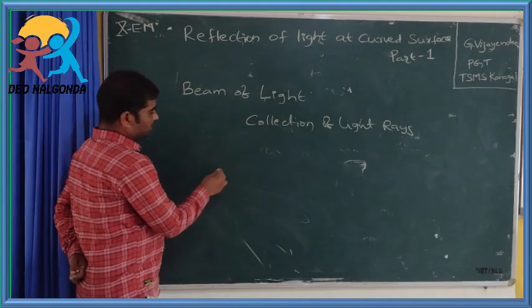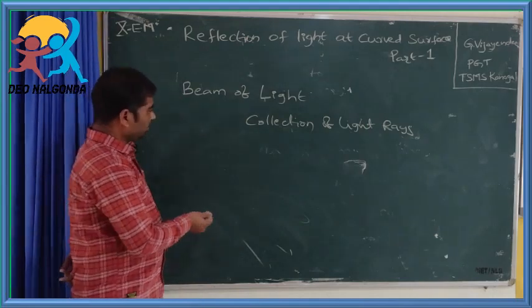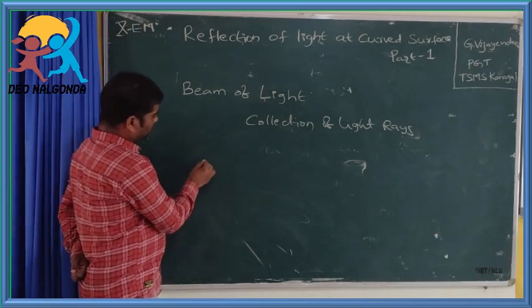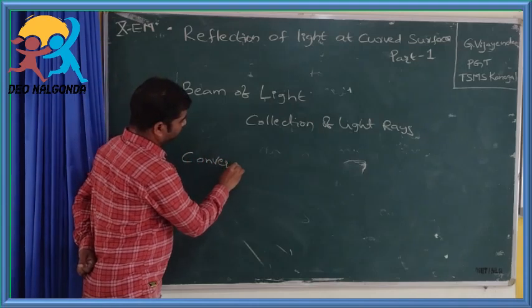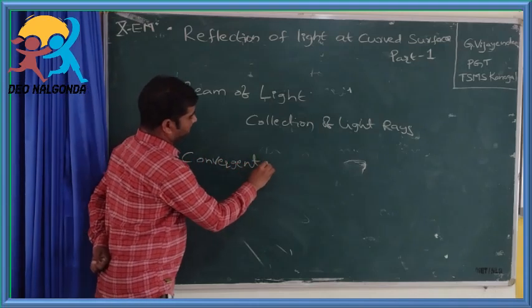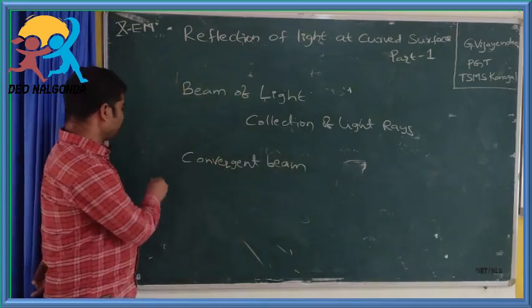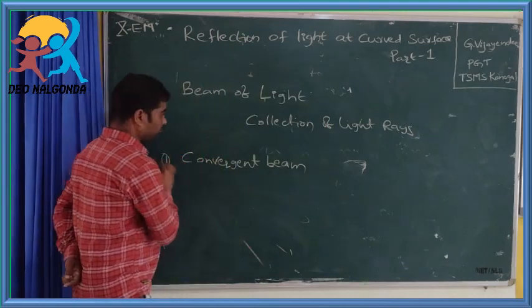Here a beam of light, or light rays, can be divided into two types. One is convergent beam, second one is divergent beam.